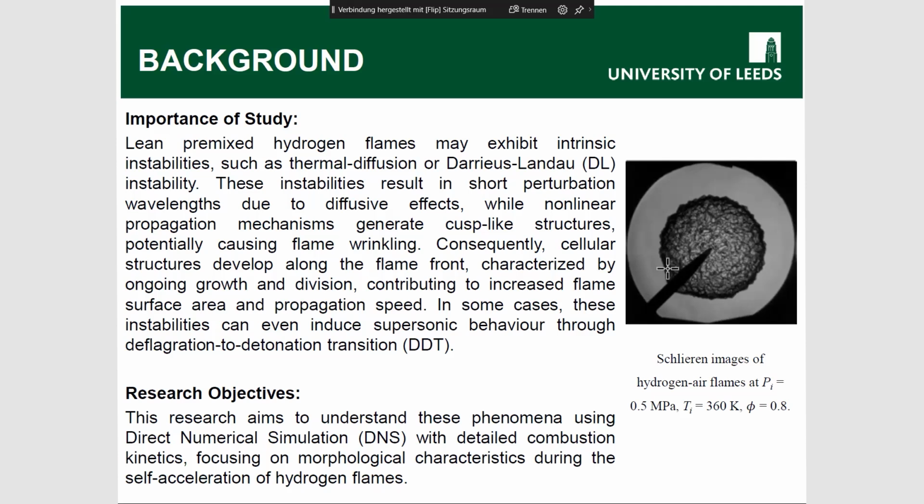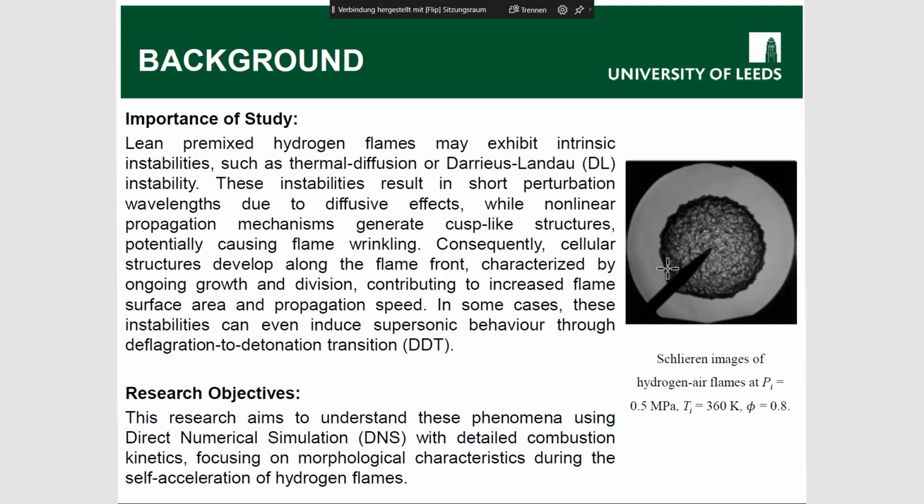As for the research objectives, we want to understand this phenomenon using DNS modeling with detailed hydrogen kinetics, focusing on the morphological characteristics and the self-acceleration of hydrogen flames.